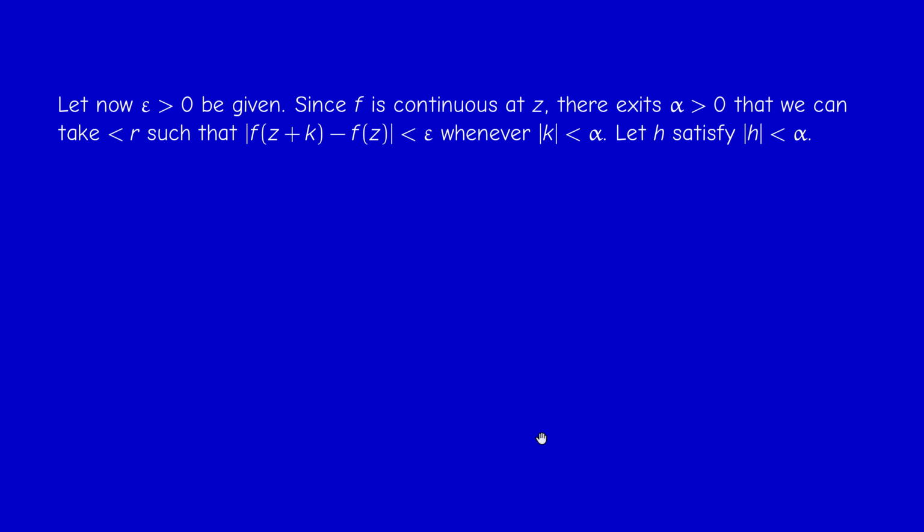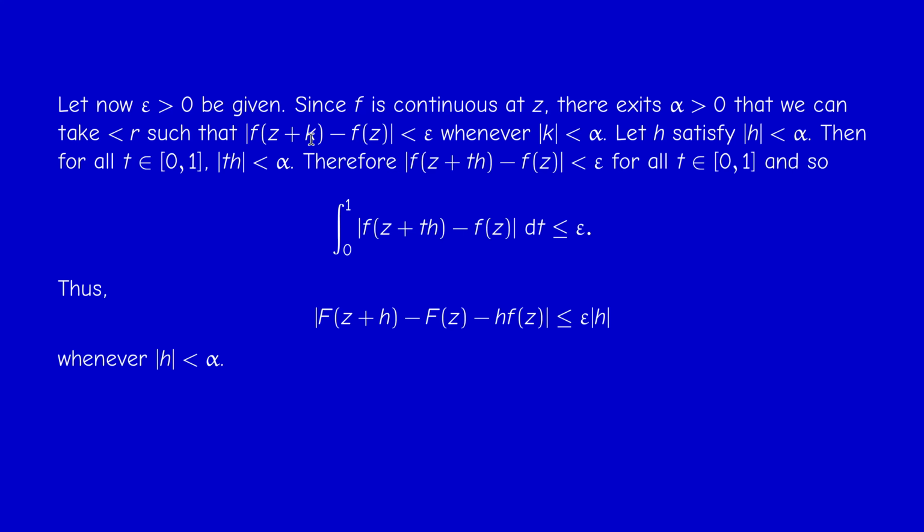So now, in particular, if the modulus of h is less than this alpha, which depends on epsilon, then for every t between 0 and 1, the modulus of th is less than the modulus of h, so it's less than alpha, because the modulus of t is less than or equal to 1. Therefore, when I replace k by th, I get that f of z plus th minus f of z is less than epsilon for every t in 0, 1, provided h is less than alpha in modulus.